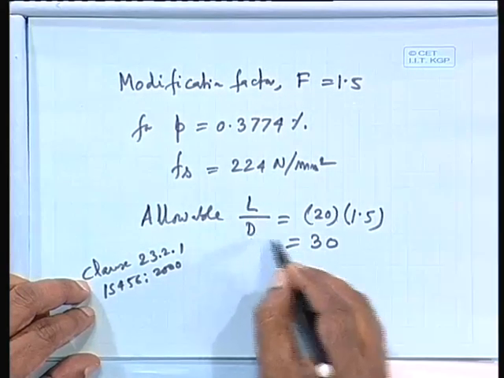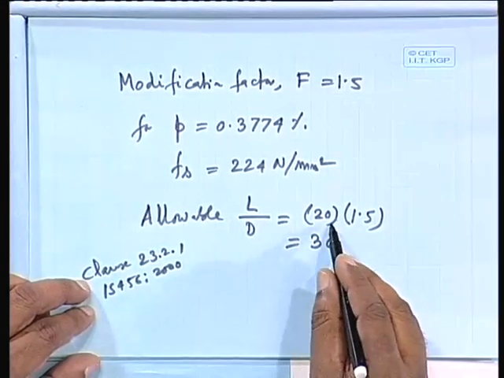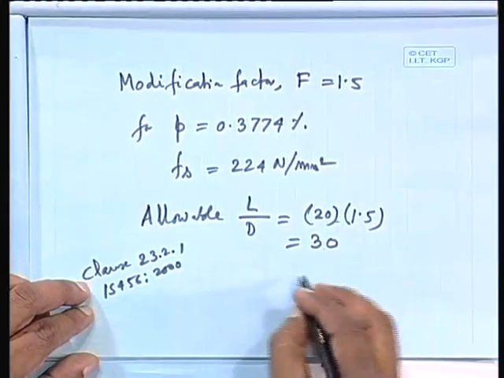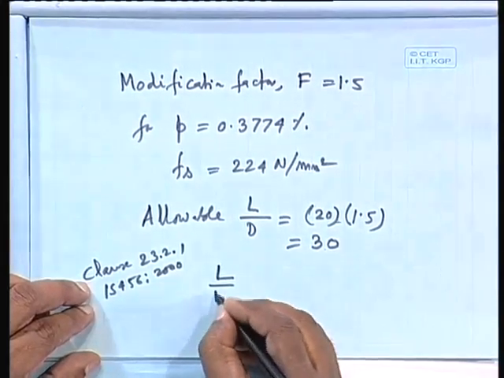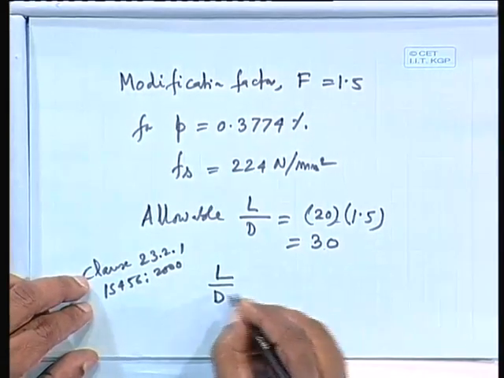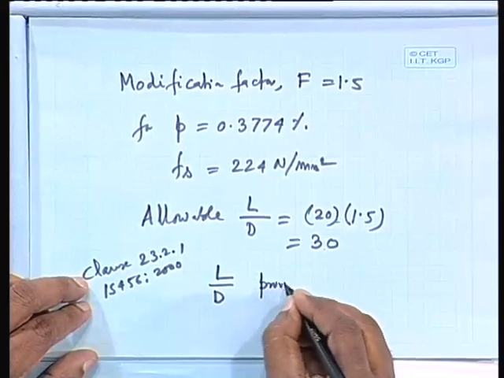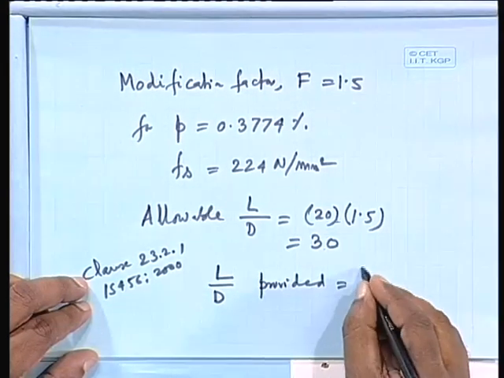So, anyway, what is the allowable one? You are getting L by D, that one we are getting here, this particular 20 by 1.5, 30, and L by D provided, let us say, there are two values we are getting.